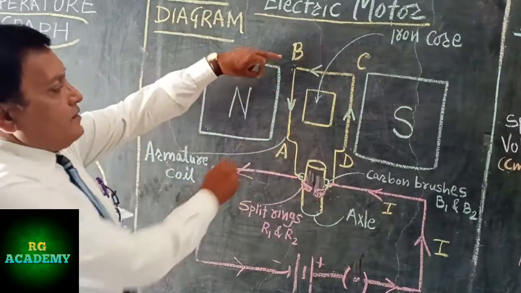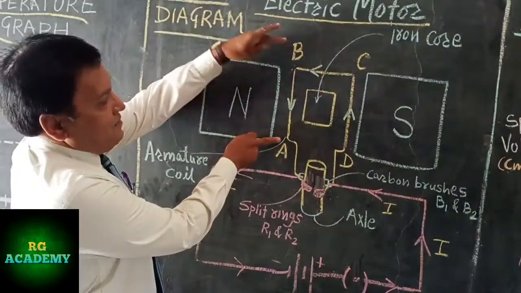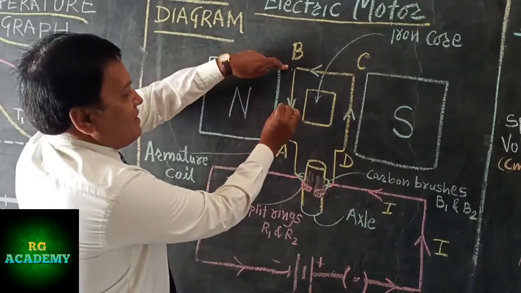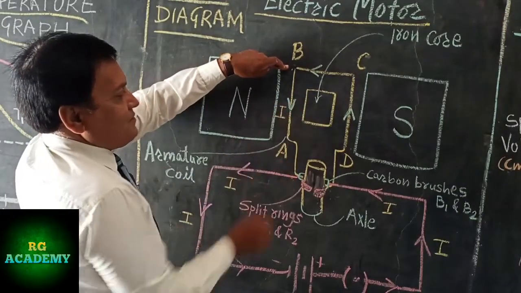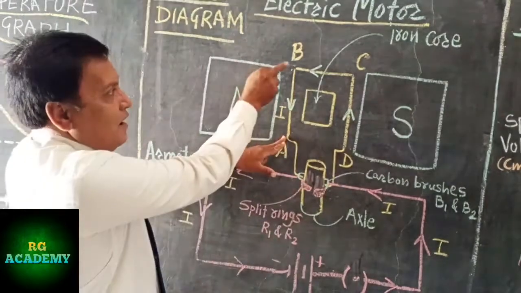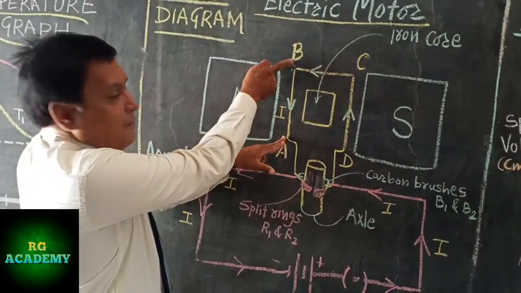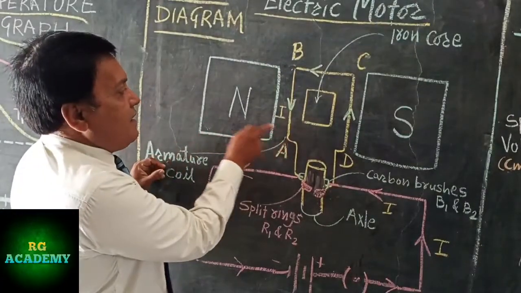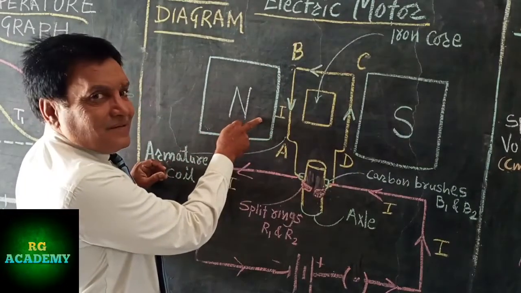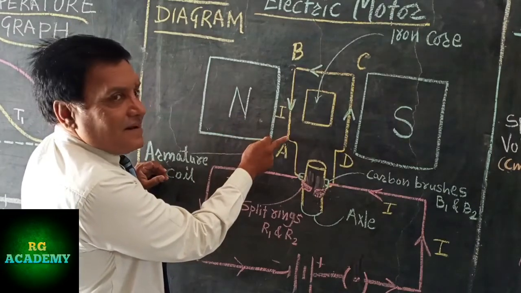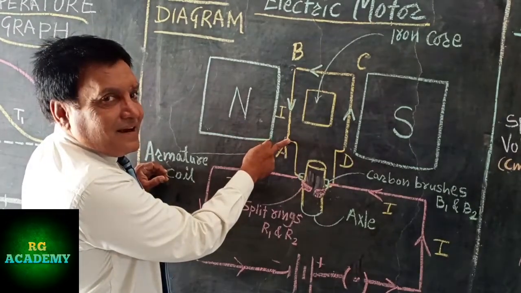If we take the arm AB of this armature coil, see here the direction of electric current is from B to A, means from up to downwards. And here the magnetic field is there. Here you can consider this armature coil as a current carrying conductor.